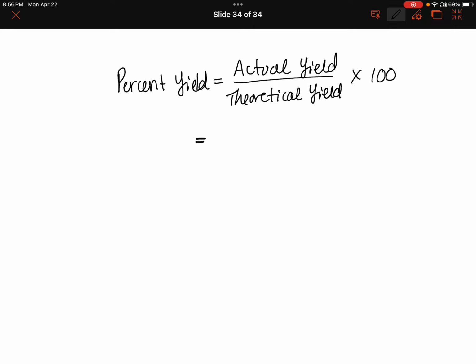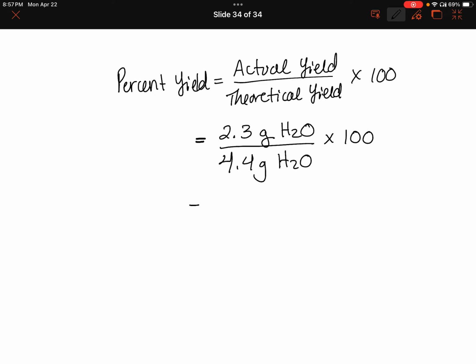So on the last slide, we were told that the actual yield is 2.3 grams of water. And we just calculated the theoretical yield as 4.4 grams of water. So then we'll multiply that by 100. So plug this into your calculator, see what you get.